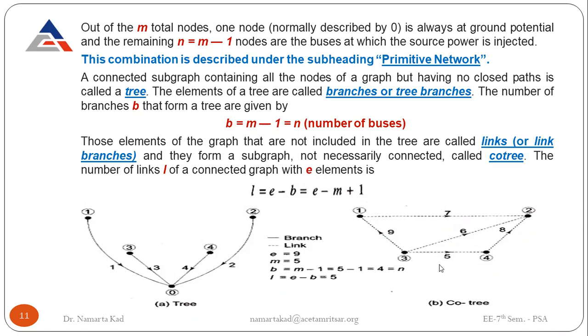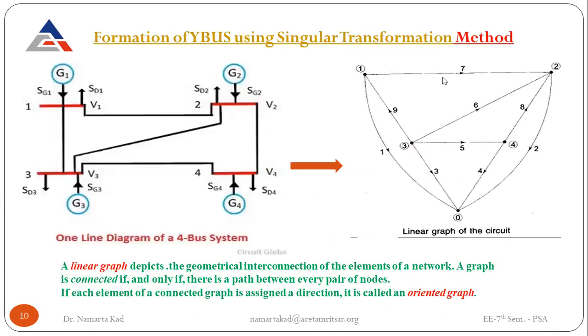So there are a total of 5 links, 1, 2, 3, 4, 5. In this linear graph, there are 5 links and 4 branches. In this way the one-line diagram is converted into the linear graph of the circuit.